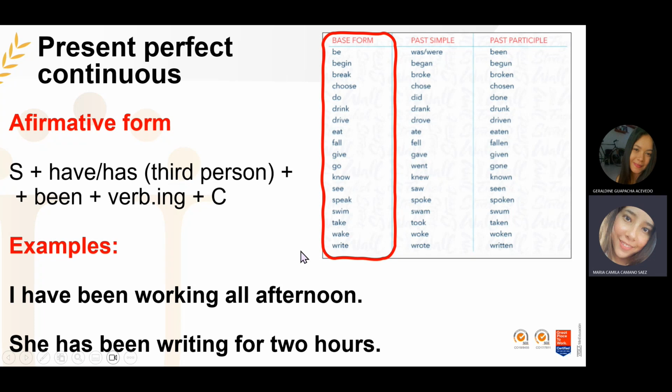Remember, when the verb ends in an e, you remove the e and write ing. Yes, it is simple. For example, I have been working all afternoon and she has been writing for 2 hours.